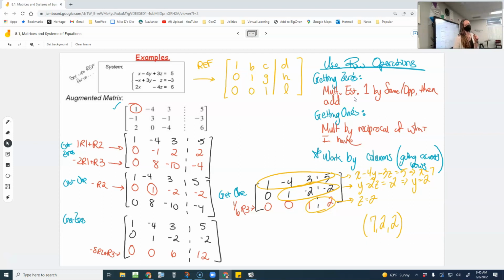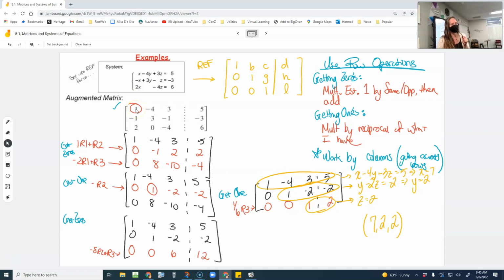So yesterday, what was the very first thing that I needed to have ready to go? With this entire system made into an augmented matrix, what was the first thing I needed to make sure I had if I was trying to work by columns and get the first column good? I needed a 1 in front, meaning at the very top. Does that make sense? A 1 in front of the first equation. And I already had it, so that was good.